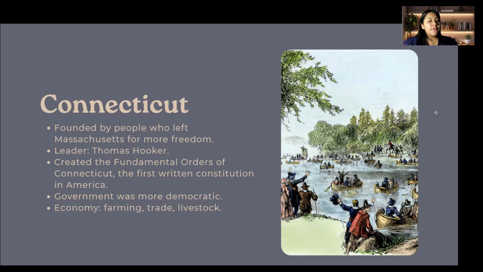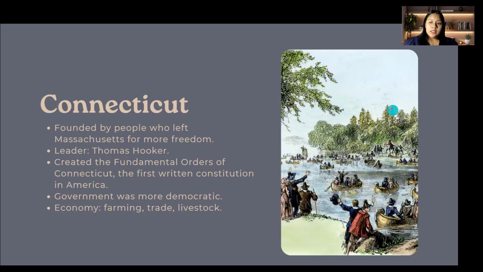This is considered the first written constitution in America. It created a government with an elected governor, a legislature, regular elections, and also expanded voting rights because it didn't have to be a church member to vote anymore. This was a big step toward democracy and the idea that government gets its powers from the people.